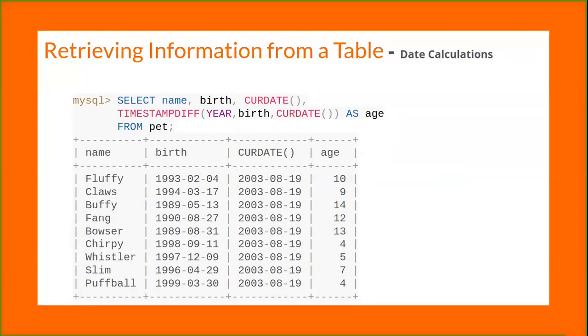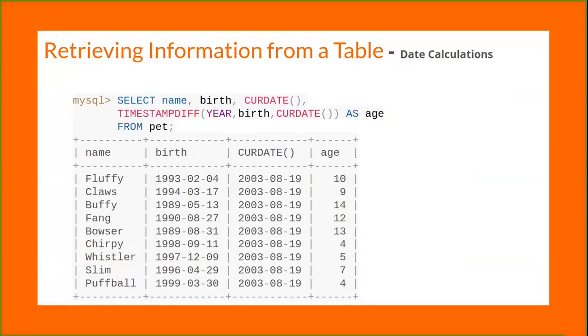To determine how many years old each of your pets is, use the TIMESTAMPDIFF function. Its arguments are the unit in which you want to see the result expressed and the two dates for which to take the difference. The following query shows for each pet the birth date, the current date and the age in years.